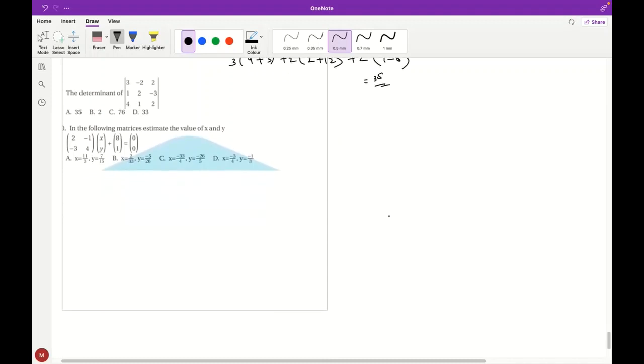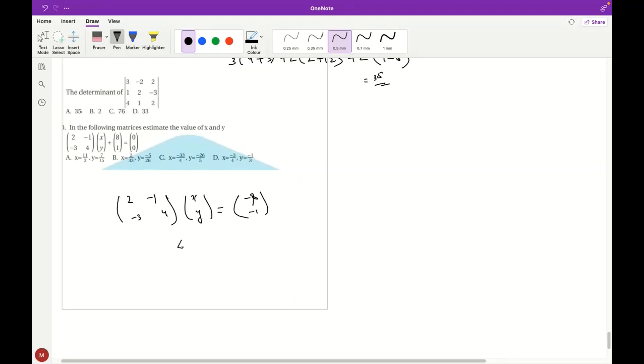Now come to another question. So here you can see that you can write this equation as the matrix 2 minus 1, minus 3 4, times x y, equal to minus 8, minus 1.